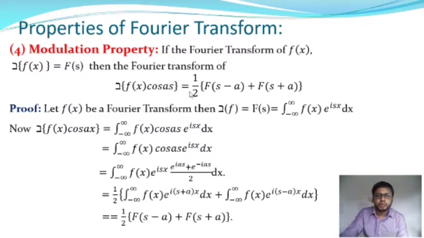Then the Fourier transformation of the function f of x into cos ax is equal to 1 by 2 into F of s minus a plus F of s plus a.